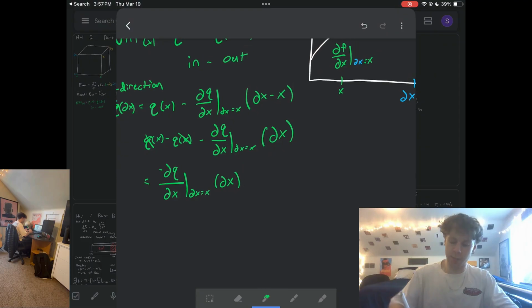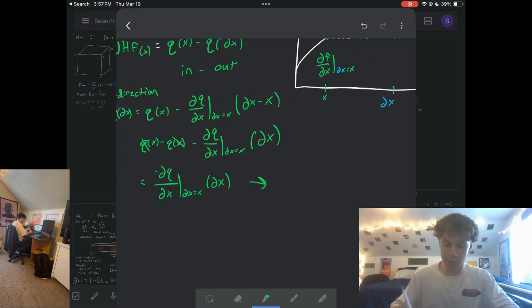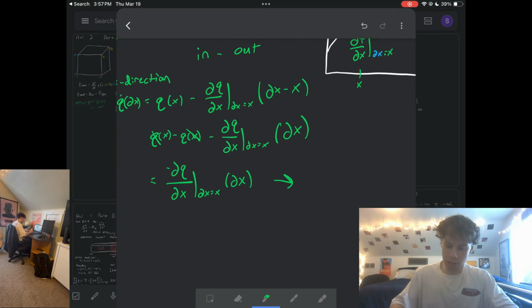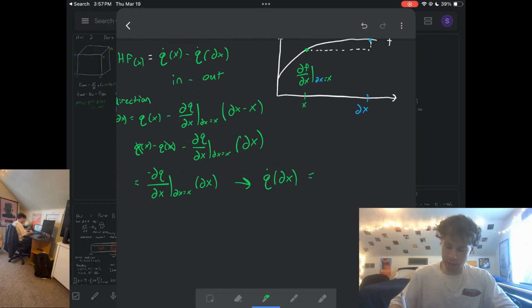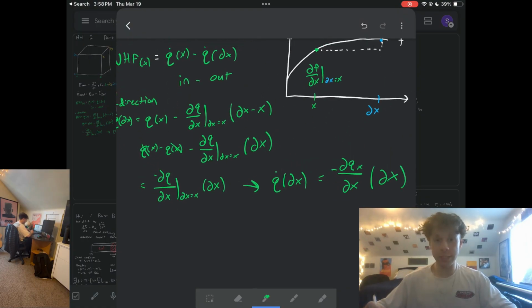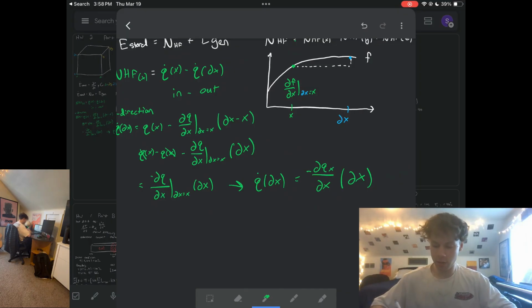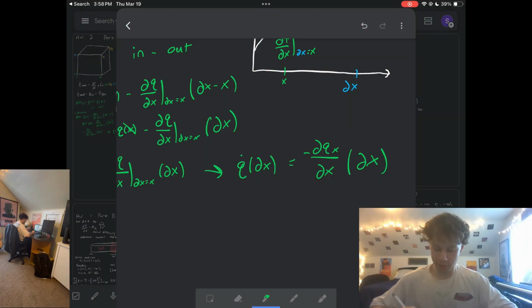Which can simplify down even further to heat flow dx is equal to our change in heat flow of the x direction with respect to x times dx. Okay. So this is the net heat flow of our x direction.